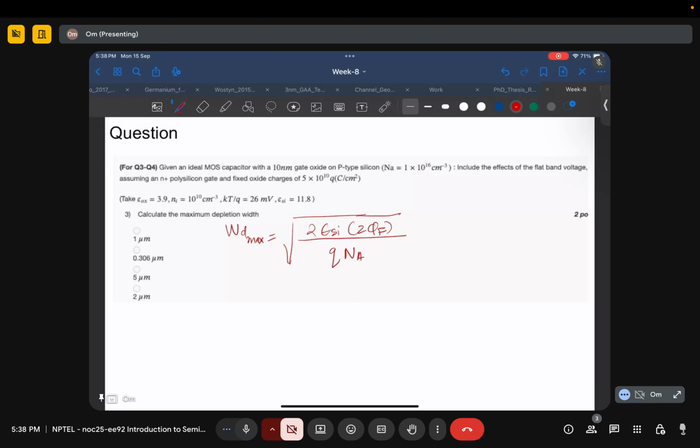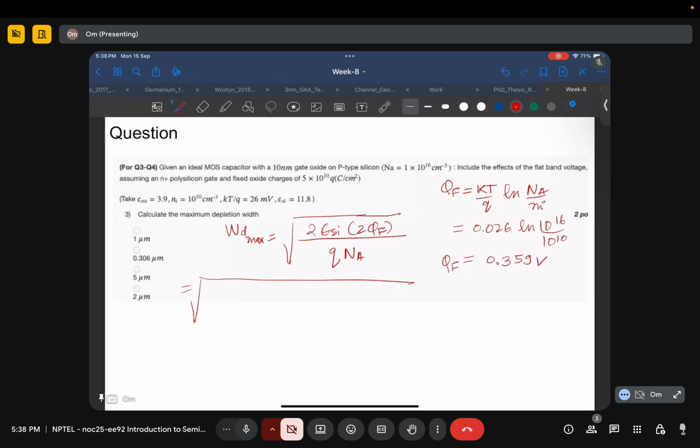And phi f is KT by Q ln Na by Ni, which is 0.026 ln of 10 to power 16 by 10 to power 10, which is 0.359 volts.